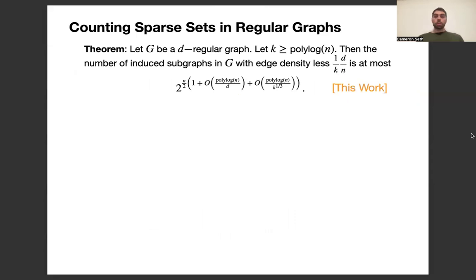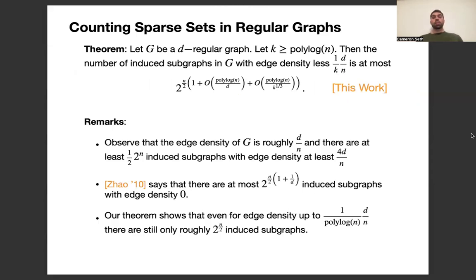Now, a few remarks. You might be wondering, where is this edge density expression coming from? Why is that interesting? Well, observe that for a d-regular graph, the edge density of the graph itself is d over n. And it's not hard to show that there's a very large number of induced subgraphs with edge density at least roughly d over n.